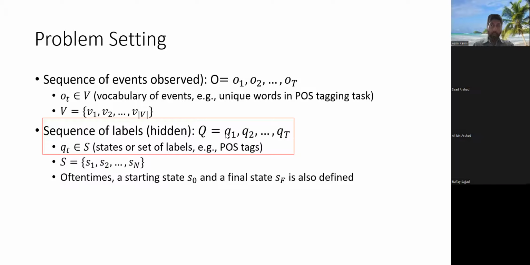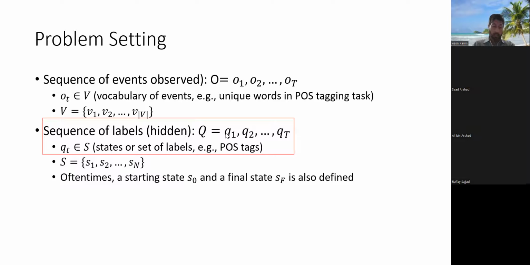And of course, this is the capital Q sequence. So Q1, Q2, up to QT. So the sequence length in both of these cases is the same. Capital O and capital Q have the same length. Okay? And small q comes from the possible sets of labels that we have. So this is the tag set that we are interested in.